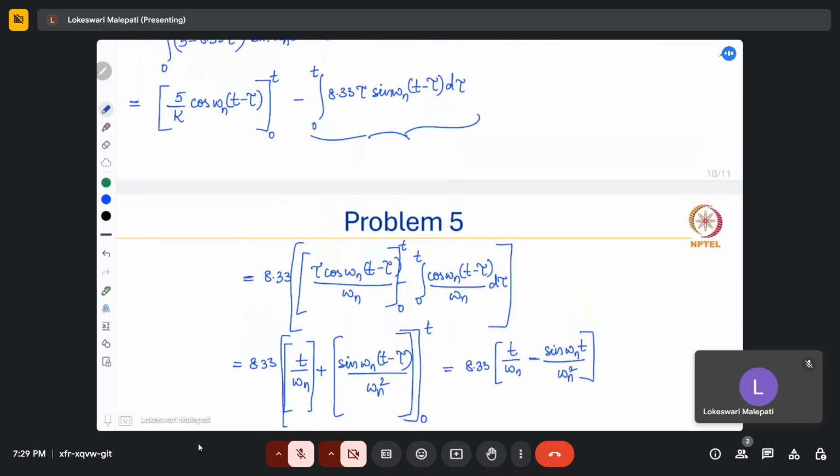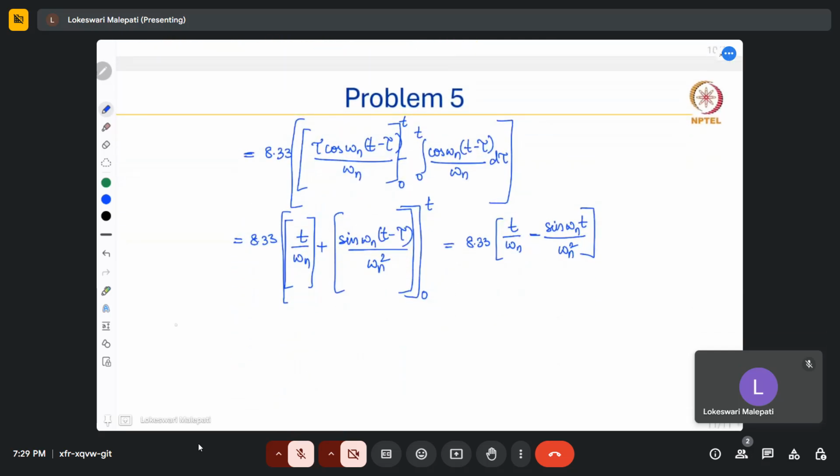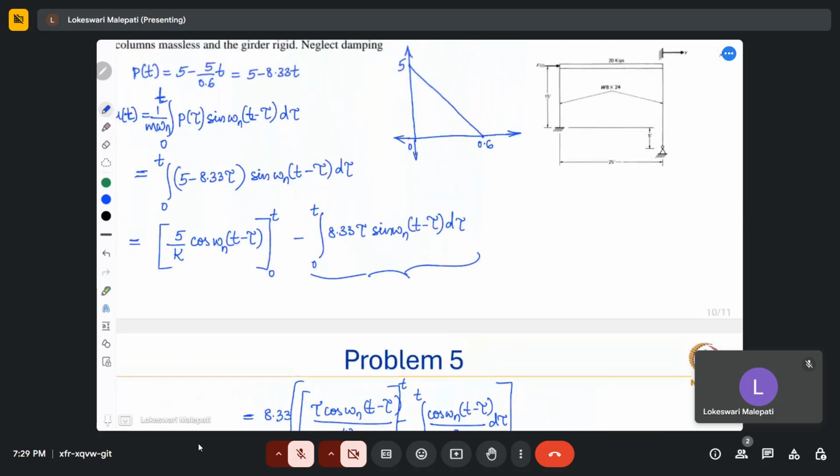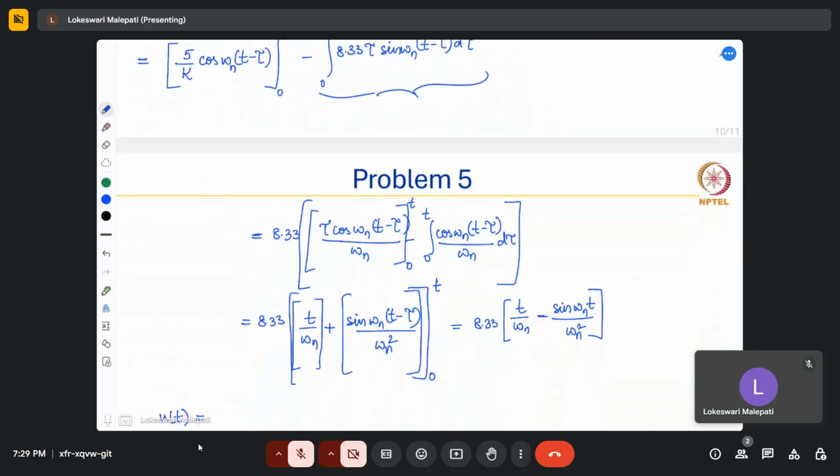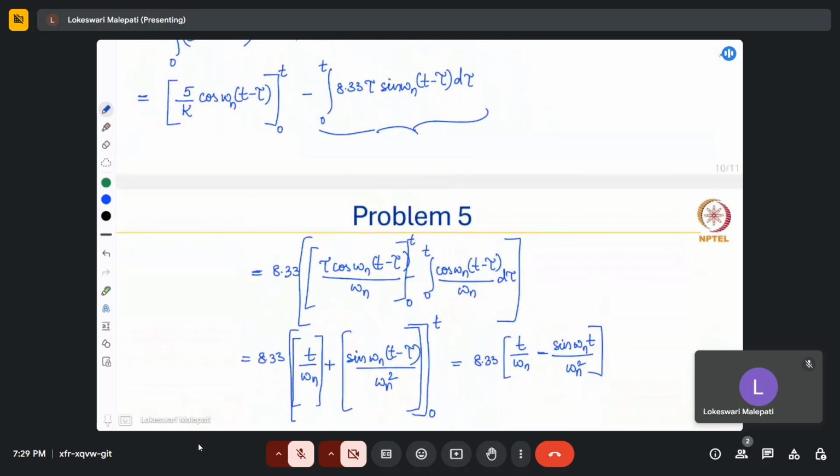The total response is u of t is equal to, between the limits t to 0 we have 5 by k times 1 minus cos omega n t.